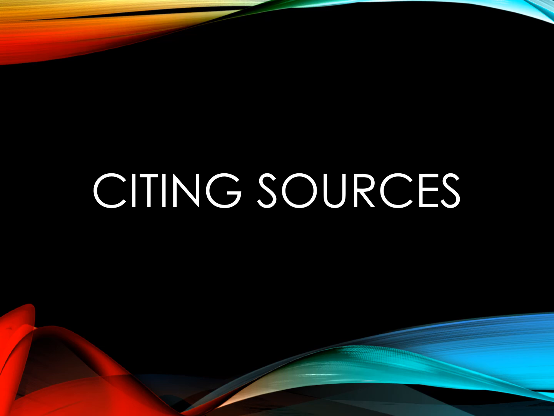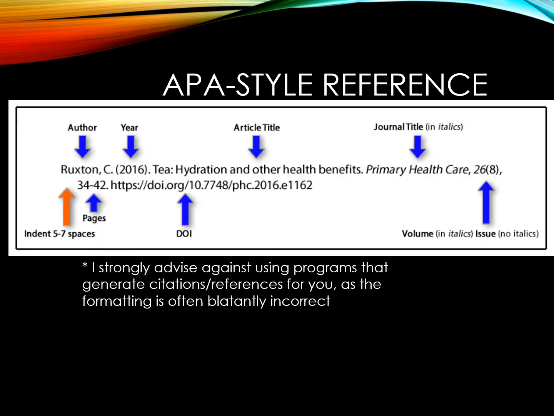But I just wanted to review it carefully with you and talk about some of the common mistakes that students make. Okay, so this is an example of how to cite a journal article, a published research article in APA style.